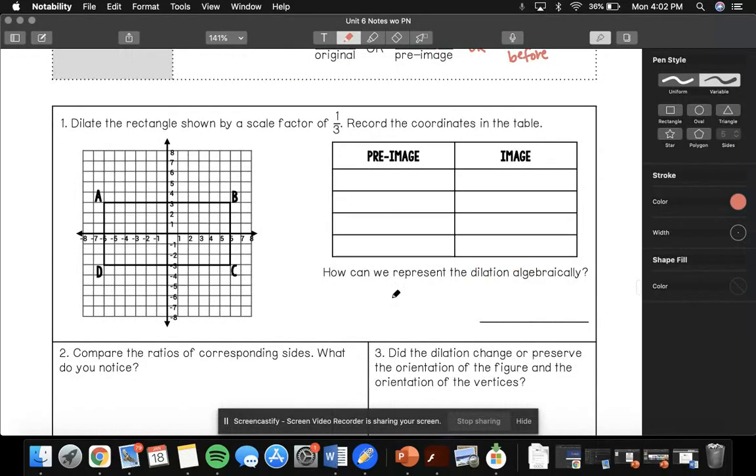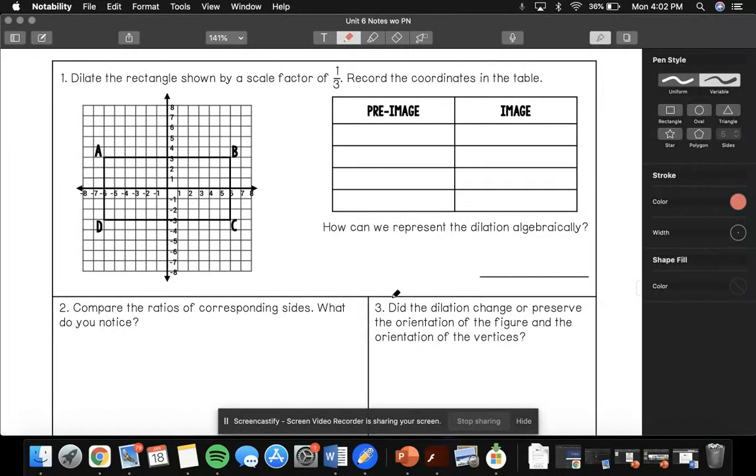Okay, so we have this rectangle and we are going to dilate it by a scale factor of 1/3. First off, knowing that 1/3 is smaller than 1, we should hopefully know that we are making it smaller. So we are going to be reducing the size.